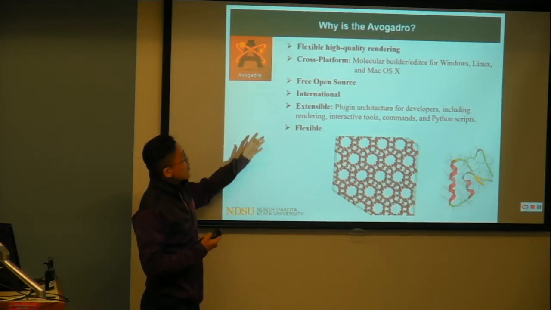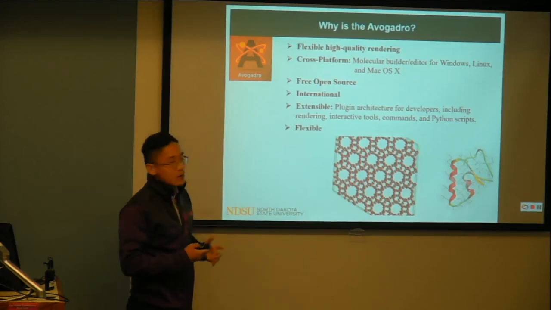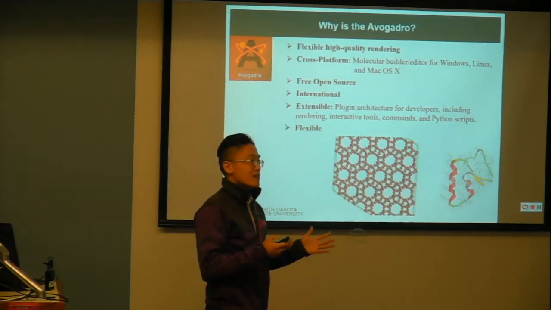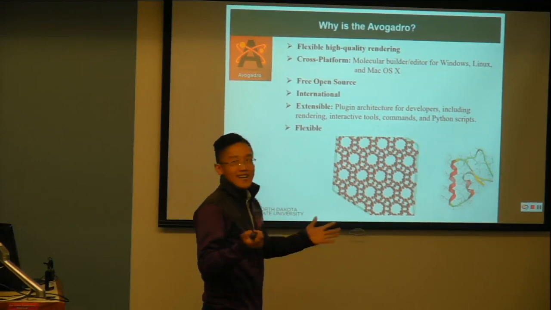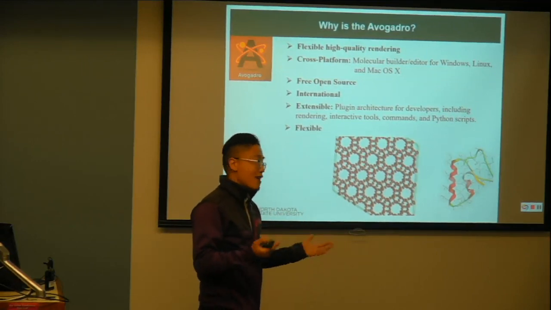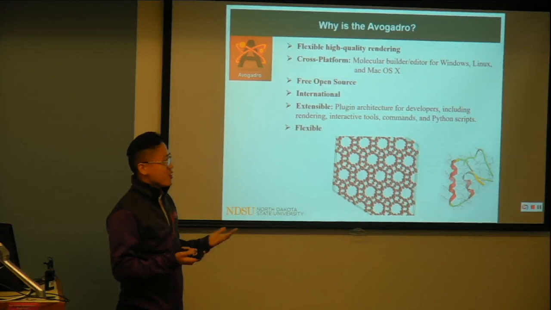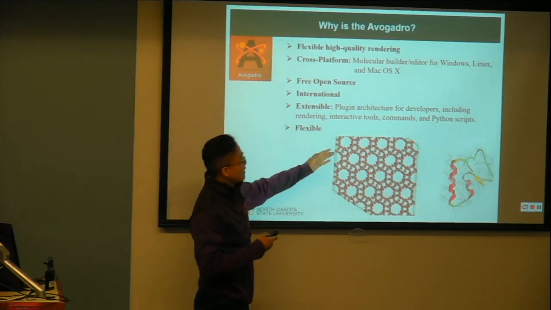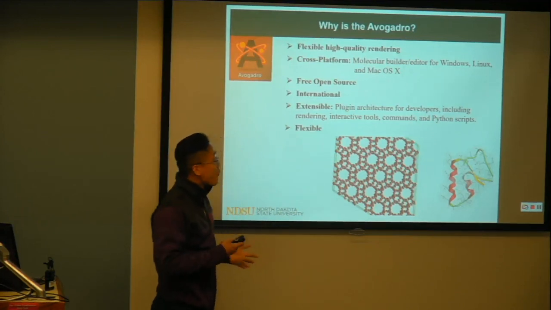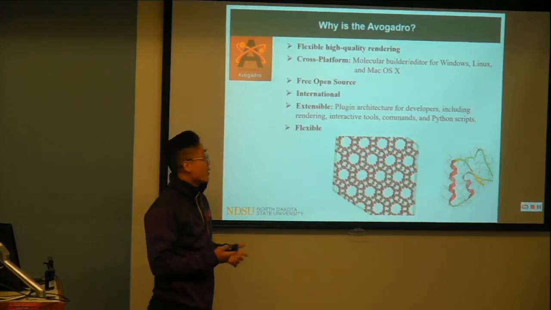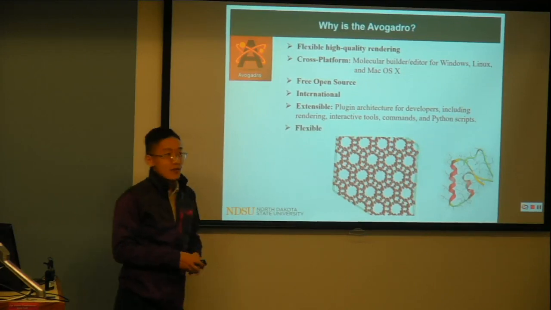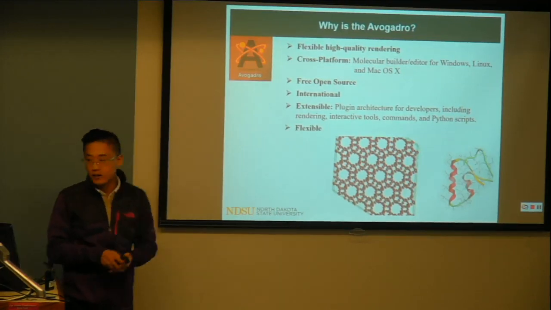Also, it's very international, which means it can be translated into different languages, Spanish, Chinese or French, not only English, with more languages to come. Also, we can plug in different commands or use Python scripts in Avogadro. So it's very convenient and easy to operate.